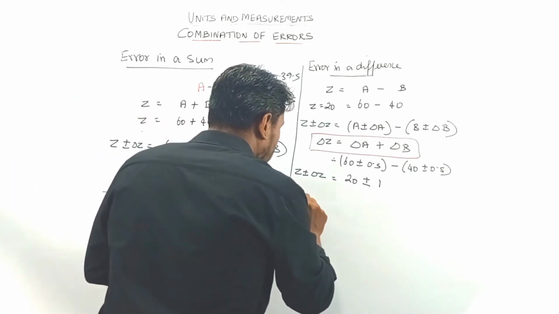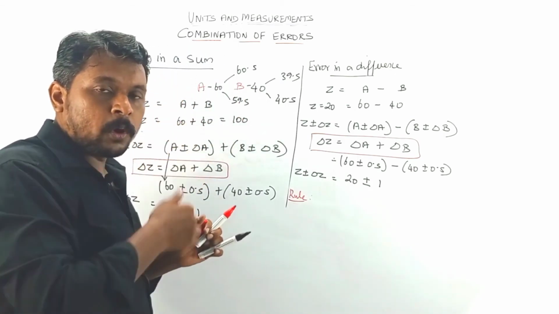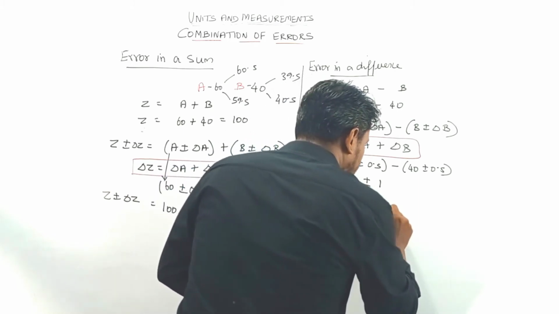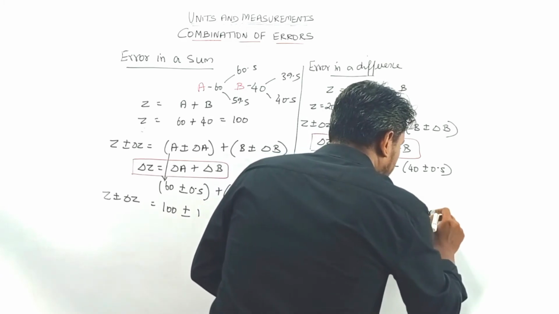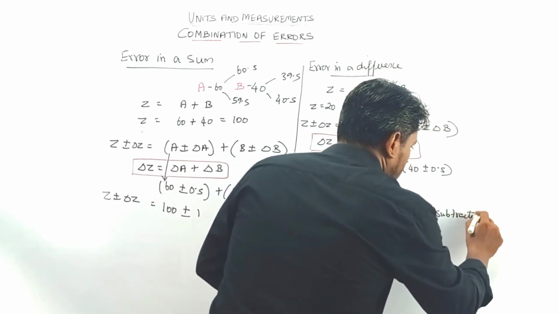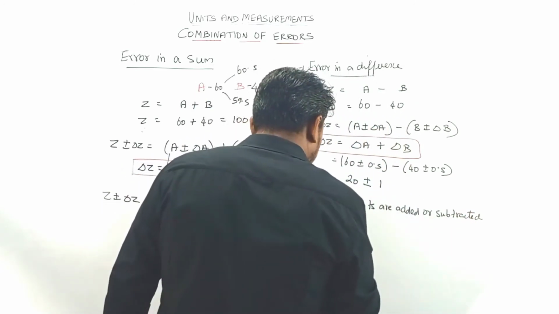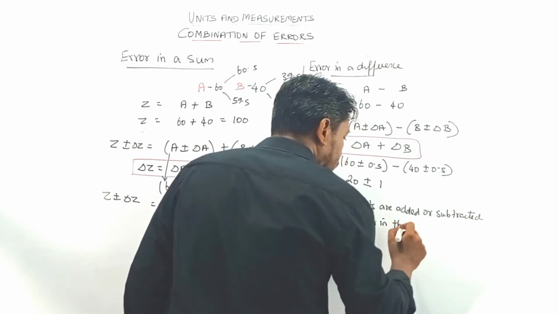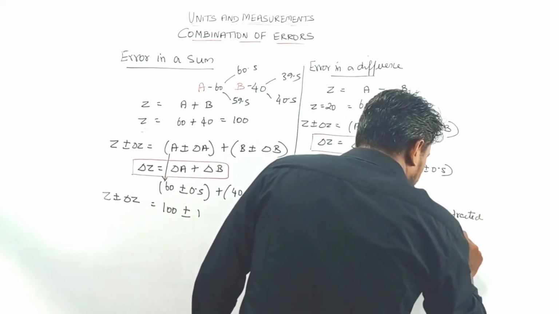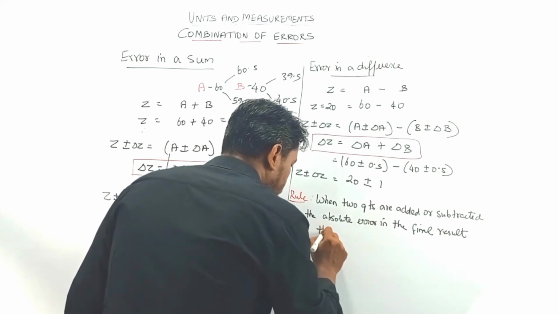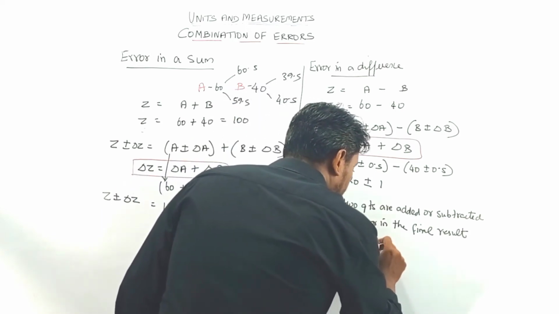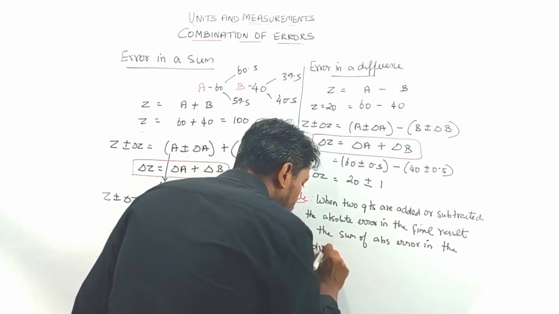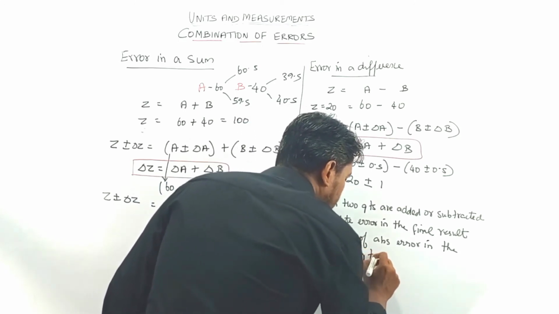The common rule for adding or subtracting two quantities with error is: when two quantities are added or subtracted, the absolute error in the final result is the sum of the absolute errors in the individual quantities.